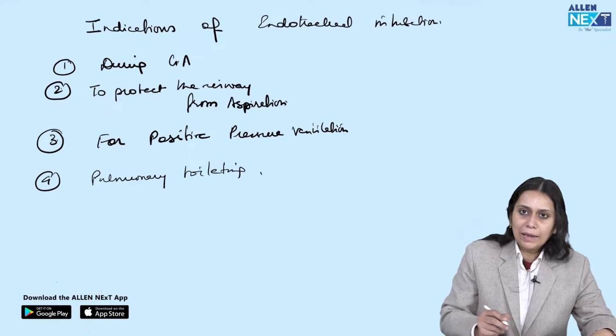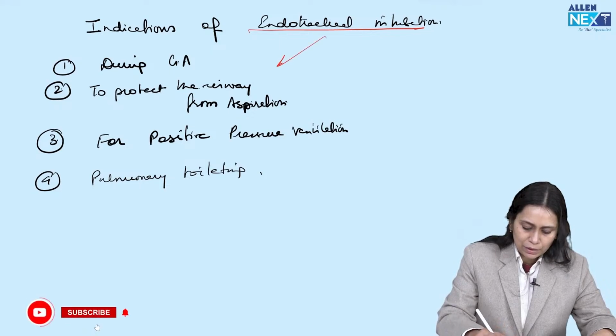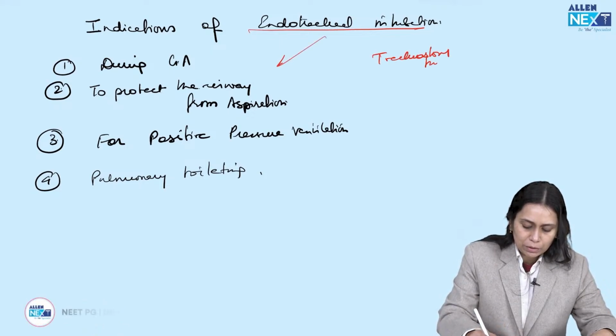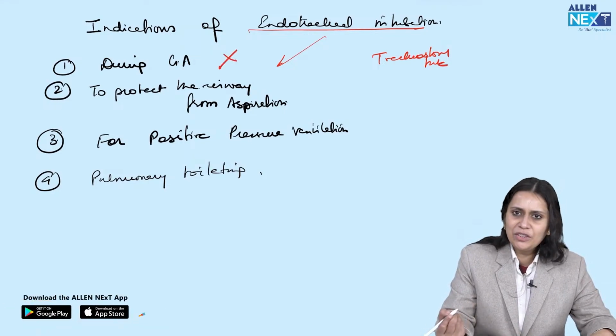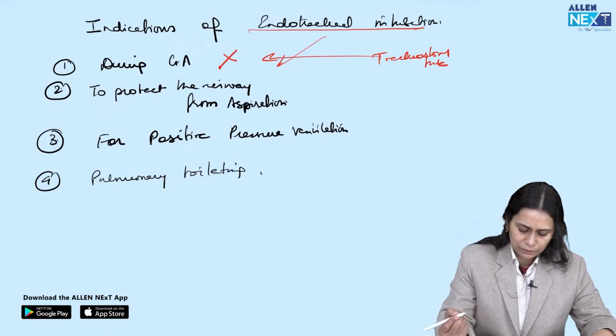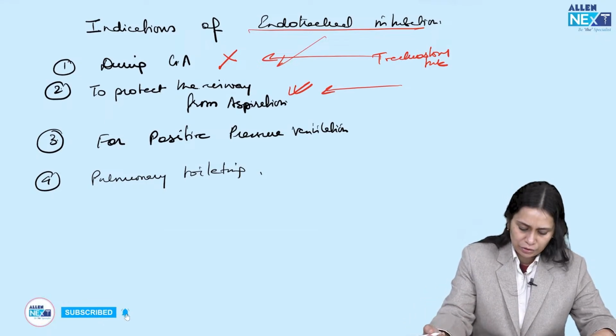If I talk about the tracheostomy tube, we don't use it for short-term ventilation. So just for giving GA, we will not use the tracheostomy tube. To protect the airway from aspiration, yes, if we need to protect the airway for a long time, we use the tracheostomy tube.